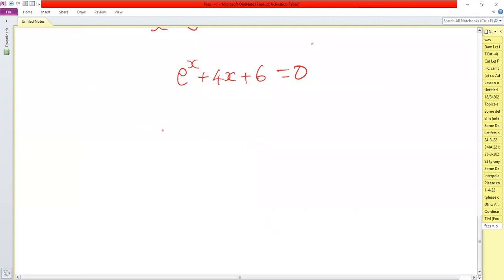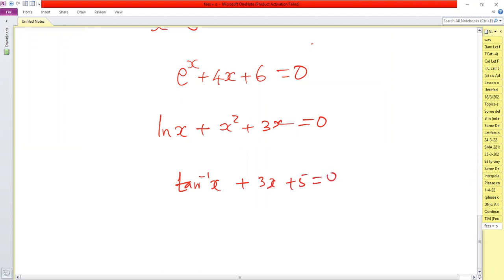Other examples include ln of x plus x squared plus 3x equals 0. This is also transcendental because of this logarithmic term. Also, if I have tan inverse of x plus 3x plus 5 equals 0, this is also a transcendental equation because of this inverse trigonometric term.